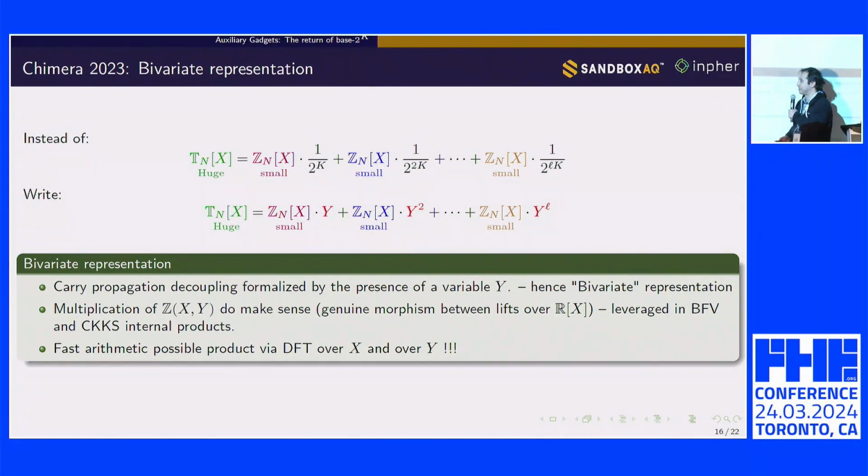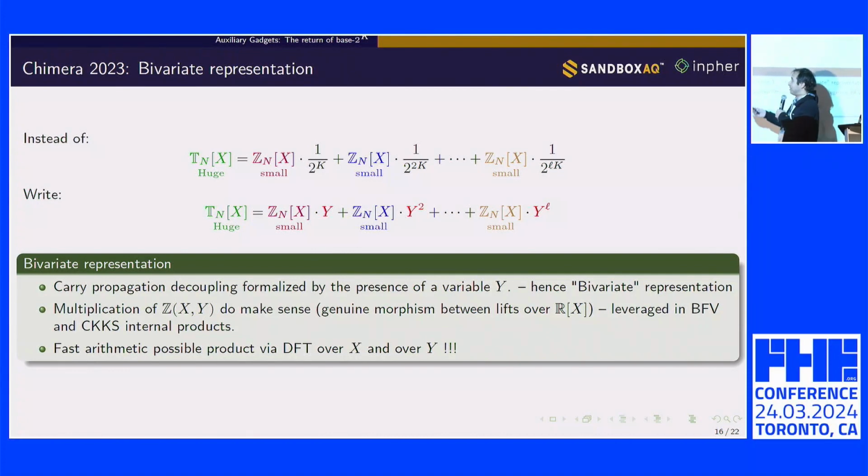And there is actually a reason. It's because there is a genuine morphism between lifts over the real space and the bivariate representation. And it turns out that this morphism about lifts, multiplication between lifts, is exactly the one used in BFV and CKKS internal products. So in some sense, we can hit 2 birds with 1 stone using this bivariate representation.